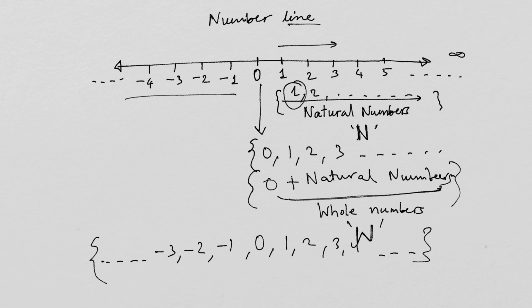And this collection or group of numbers is called integers. All right? And integers are denoted by Z. It is pronounced Z or Zed.